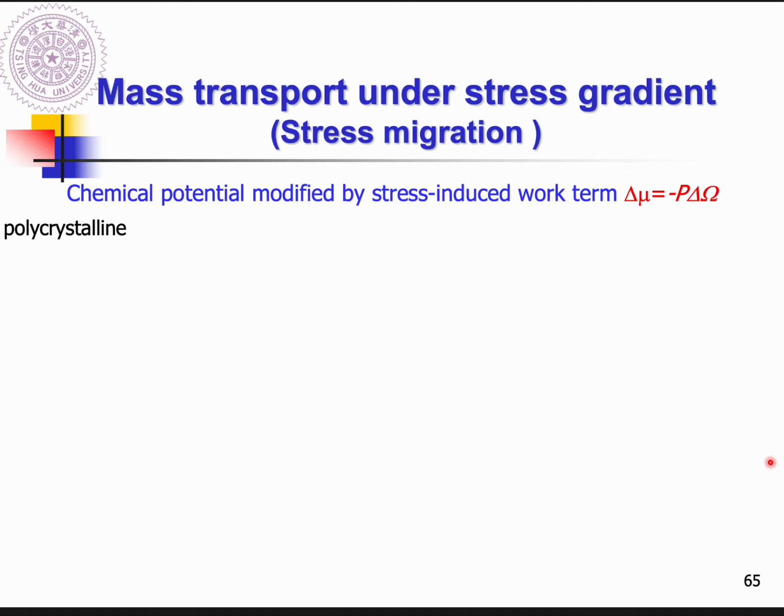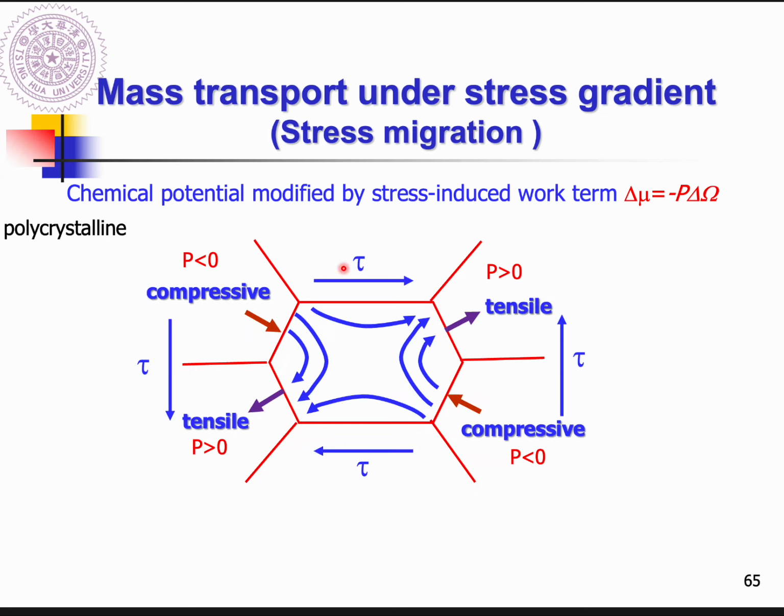Okay, so I'm giving you an example which happens in polycrystalline materials. If we have a polycrystalline material, which means we have many grains, right? We focus on this grain, and this material suffers a shear force, tau, here. We can separate this tau into this direction and this direction.